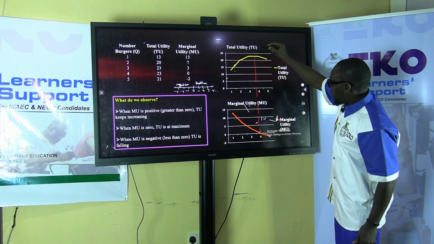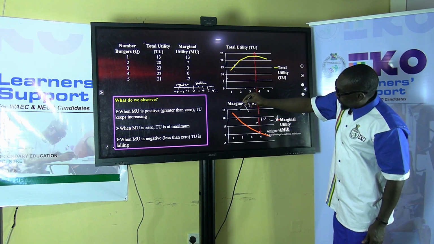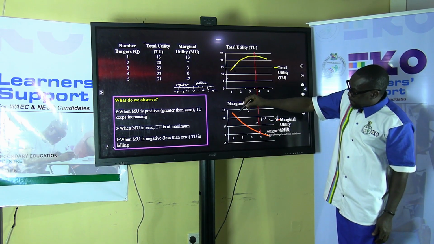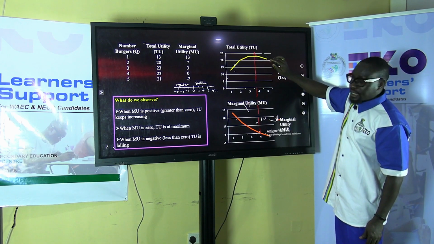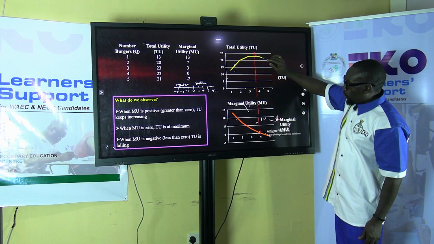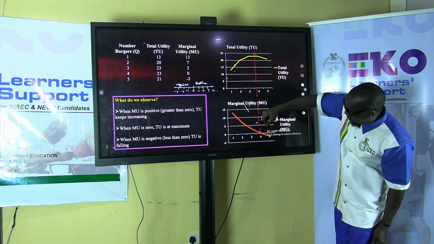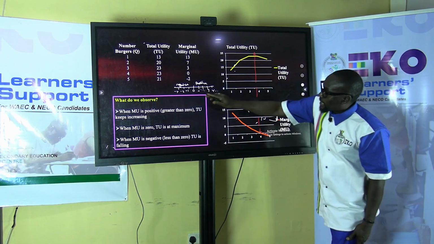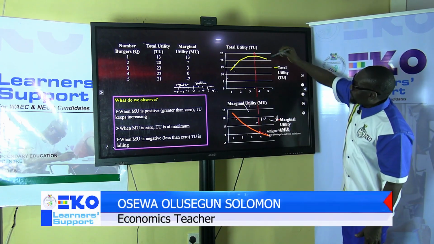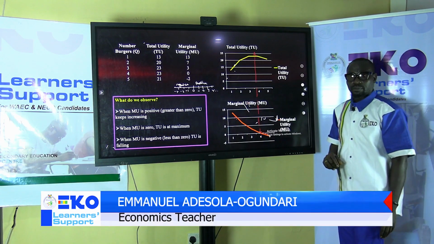So let's call this point A. For the portion of the marginal utility up until when it gets to 0, our total utility is rising. It's continuously increasing until it gets to point A, where it reaches its maximum. And it is at that point that our marginal utility is equal to 0, because it is now on the 0 line. Beyond that, our marginal utility becomes negative, that is less than 0. And from that point, our total utility, as you can see here, begins to fall.